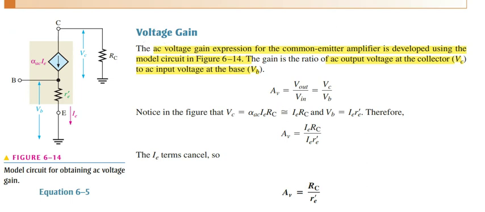In voltage gain, this is the circuit diagram. The voltage gain is the output voltage divided by input voltage. Output voltage, as we know, is VC, and input voltage is VB.